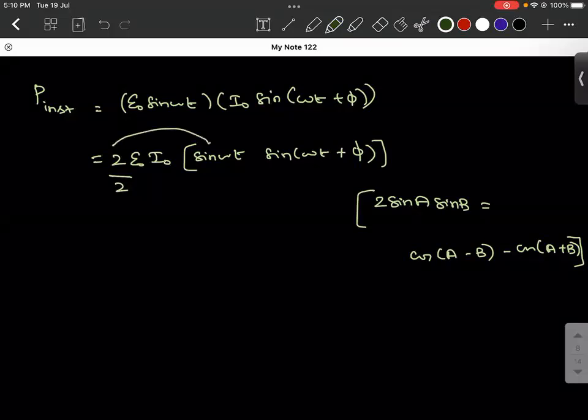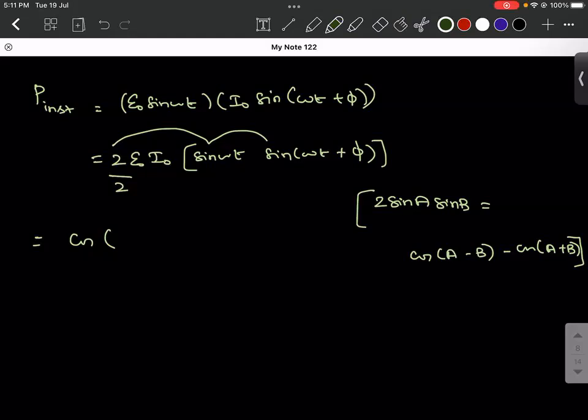So 2 sin A sin B I can write as cos of A minus B minus cos of A plus B. Are you convinced?